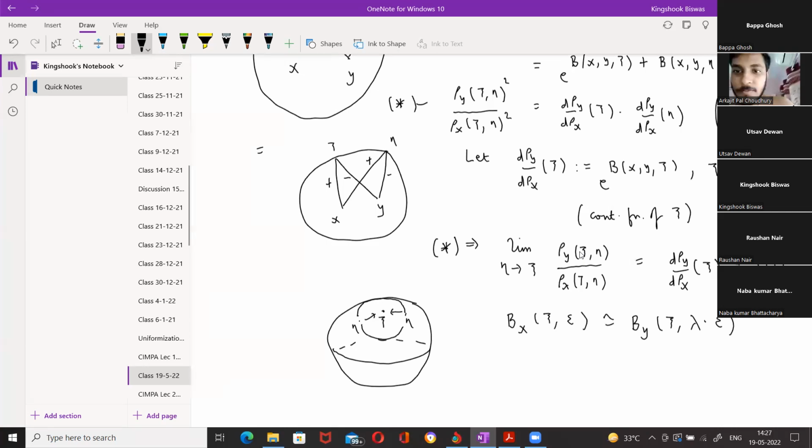So what I want to say is that the metrics rho x and rho y are conformal to each other, right? In other words, they have the same infinitesimal spheres.